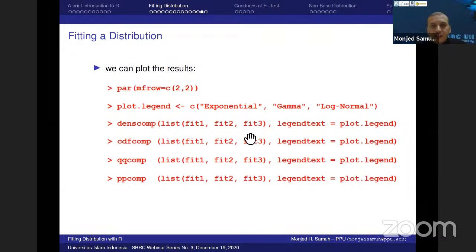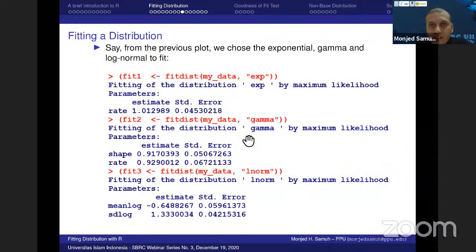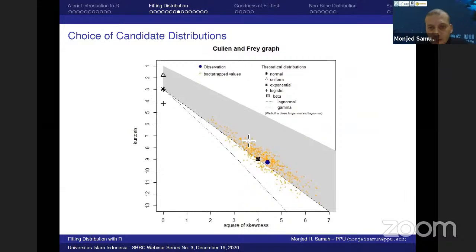Here, this plot suggests to you some candidate distributions. Your data is here. Again, this graph is according to the skewness and the kurtosis of the distributions. Once you plug in your data to this function, Cullen and Frey graph, inside it will calculate the skewness and kurtosis and assign it on the plot.